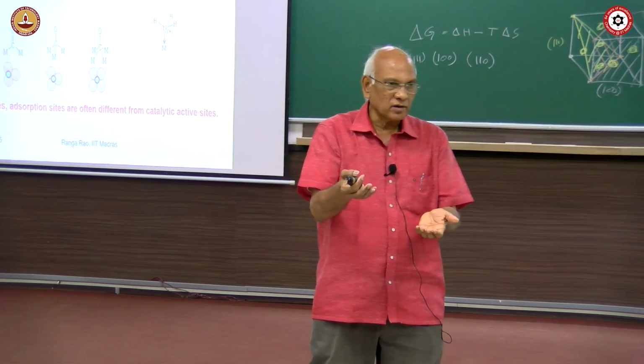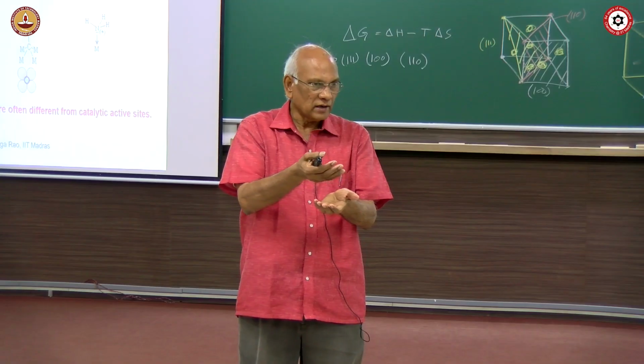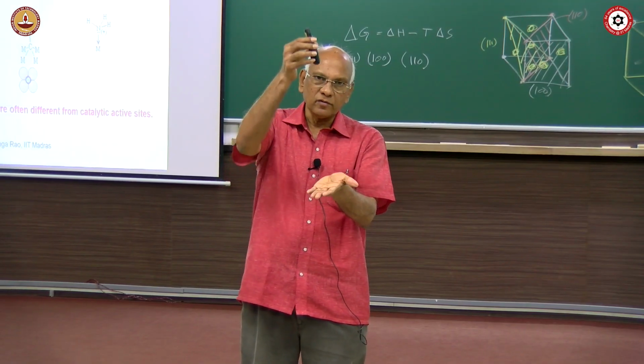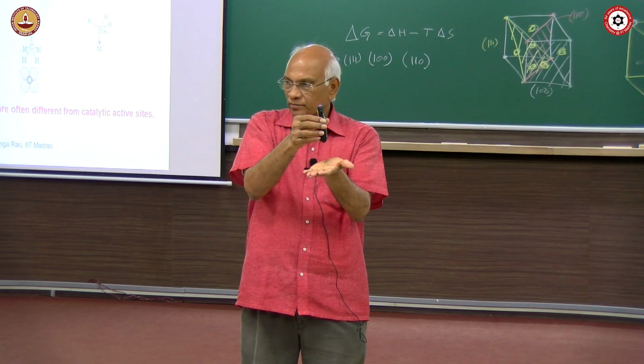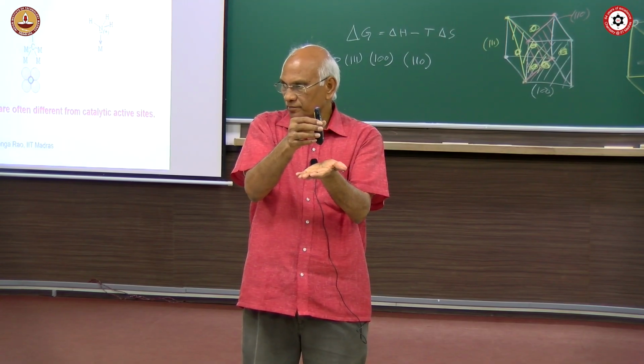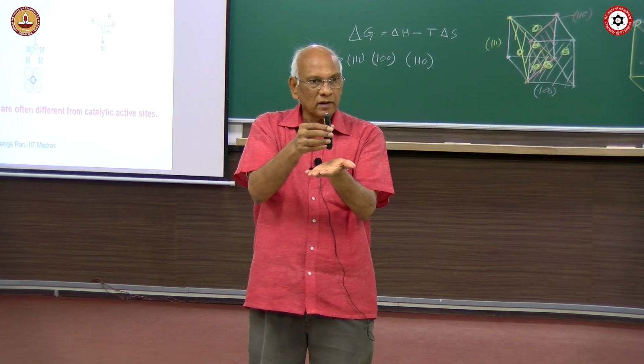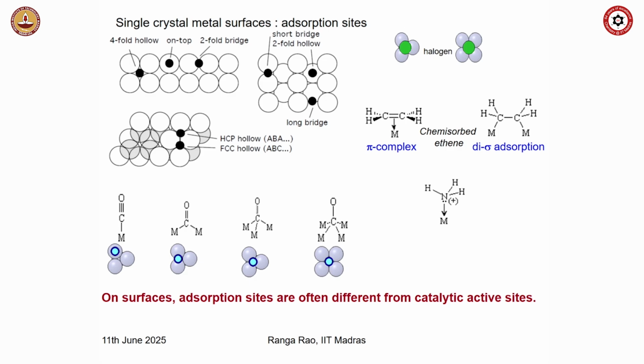For example, if carbon monoxide is adsorbing on a platinum surface, the CO will go and sit on one platinum. In the case of oxygen, it may split into oxygen atoms, and an oxygen atom can go and sit in the fourfold site. So this is the on-top site, and this is the fourfold site.